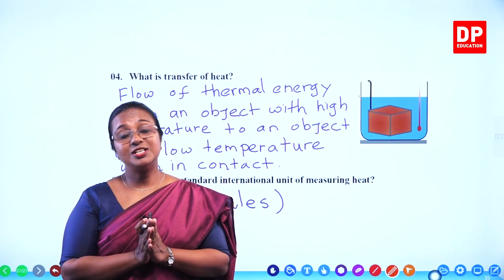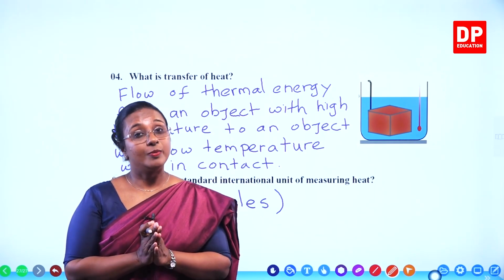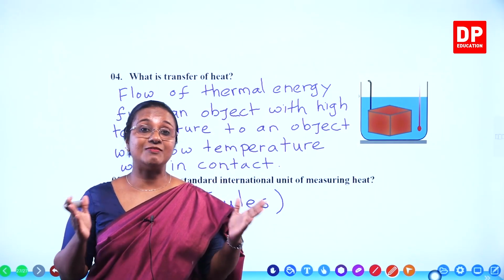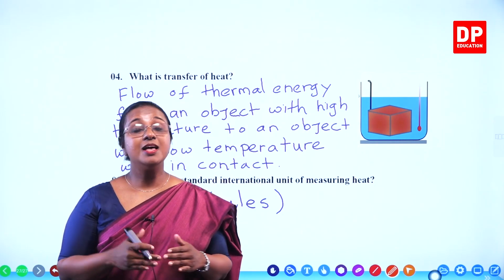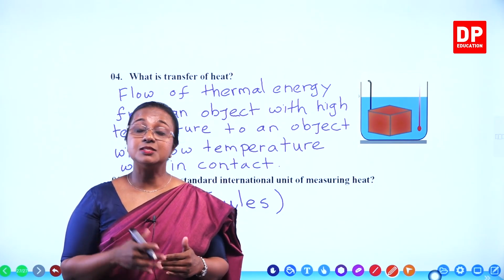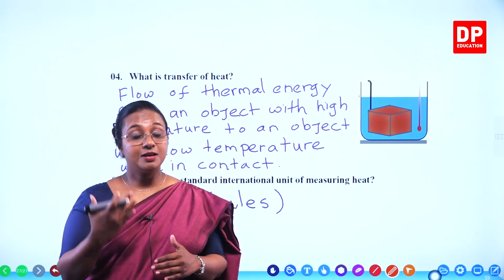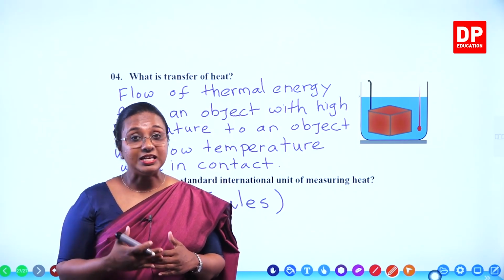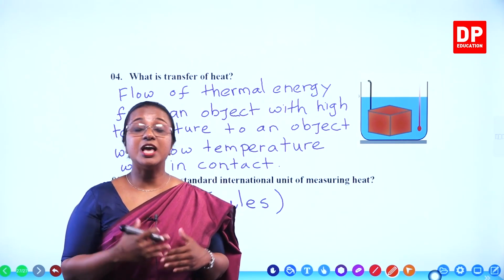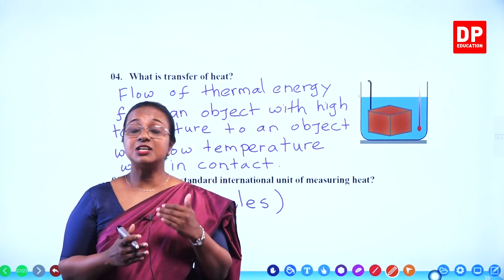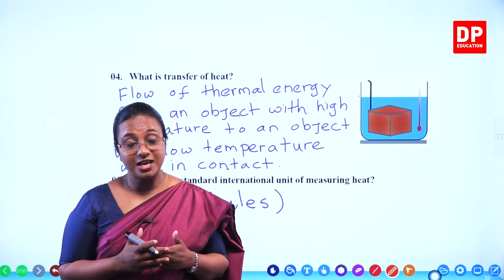So I am sure, students, we started off the lesson with what temperature is, then we discussed what thermometers are, then we discussed what heat is, specific heat capacity, how heat transfer takes place, thermal expansion, how heat is transferred from one place to the other, different methods, conduction, convection and radiation.